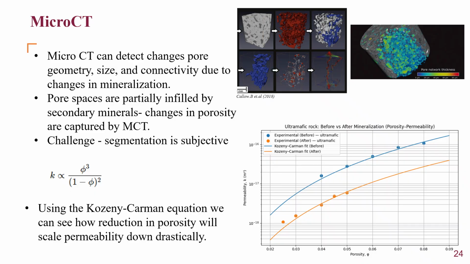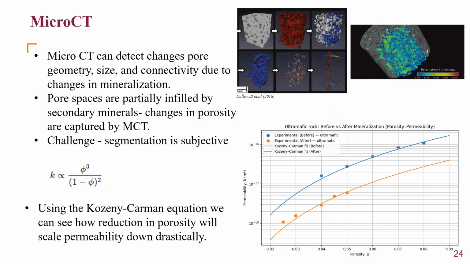Now, one other test that you can do at the core scale is the micro CT. Micro CT can help us detect changes in pore geometry and size. It can help us infer connectivity changes due to mineralization.